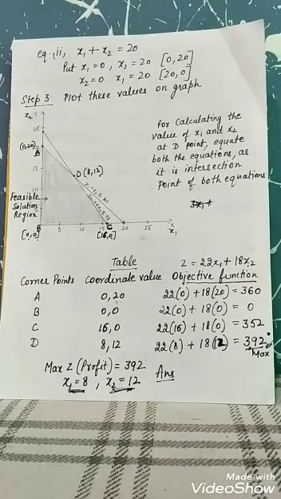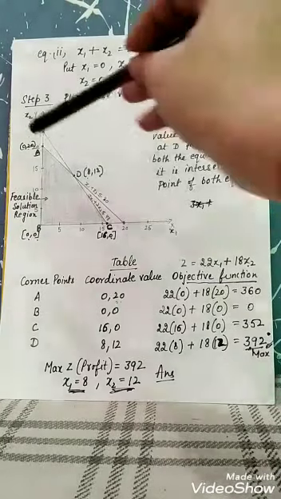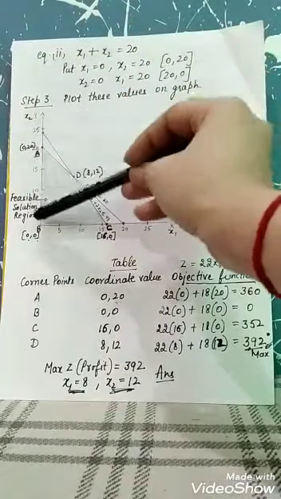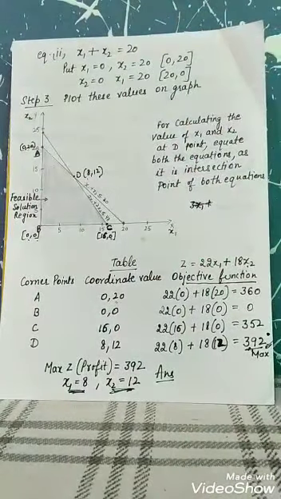Now we can proceed to our last step. Here we can find the coordinate points, that is A, B, C, D. These are the coordinate points of our feasible solution region.